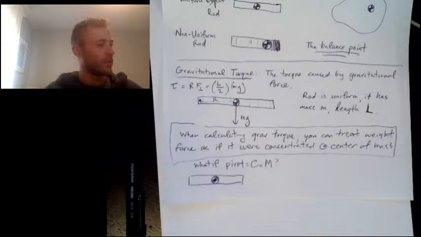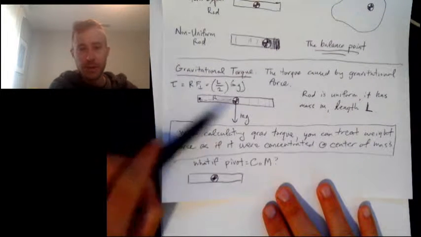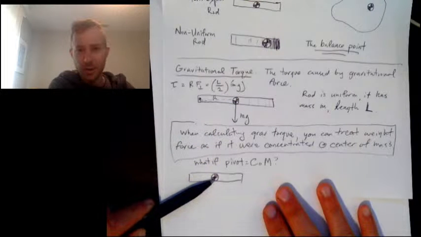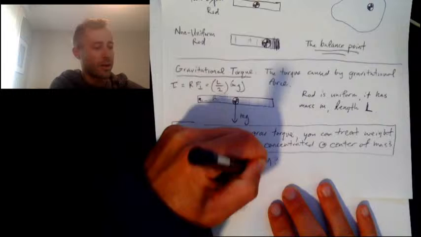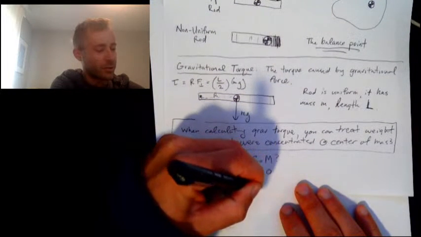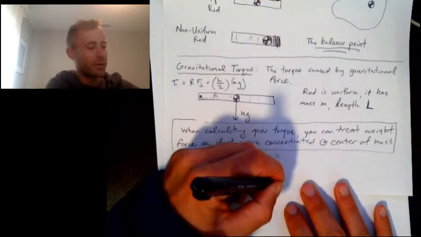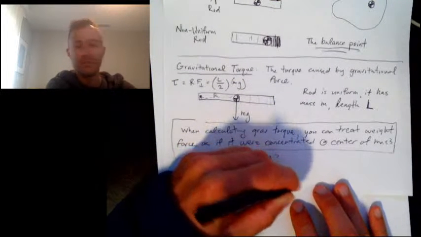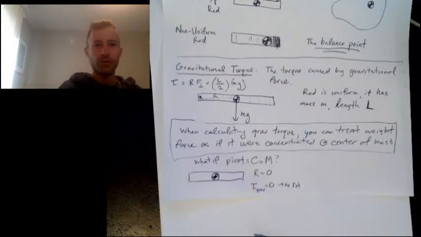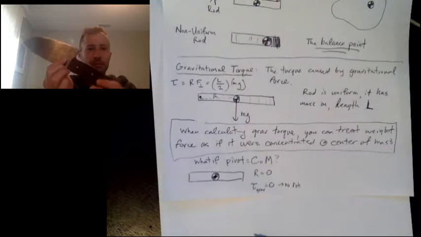So remember, R represents the distance between the pivot and where the force is applied. So if the force is applied at the same location as the pivot, then R equals 0, which means that the gravitational torque is 0, which means no rotation. So that's why if you hold something from the center of mass, it does not rotate.